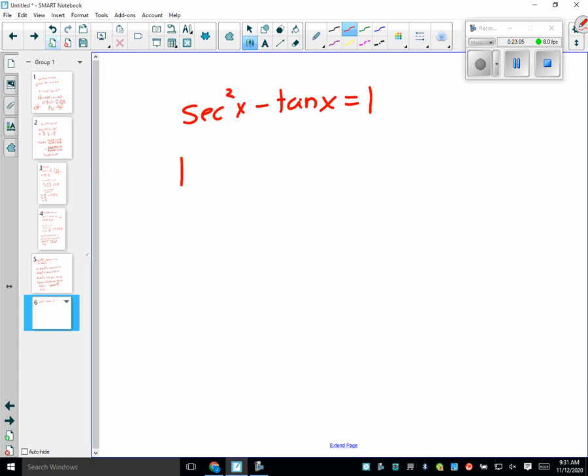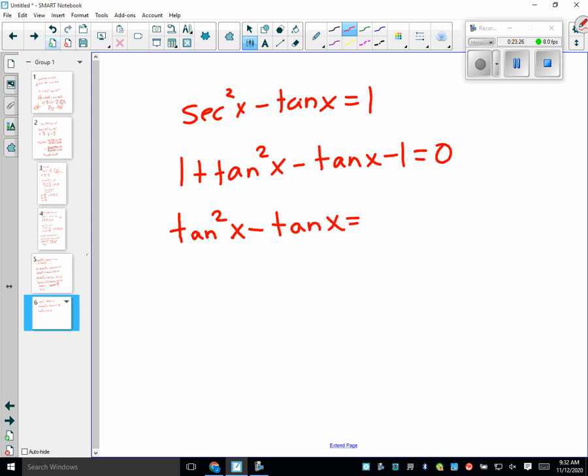So 1 plus tan squared x minus tan x minus 1 equals 0. And then the 1s would cancel, so I have tan squared x minus tan x equals 0.